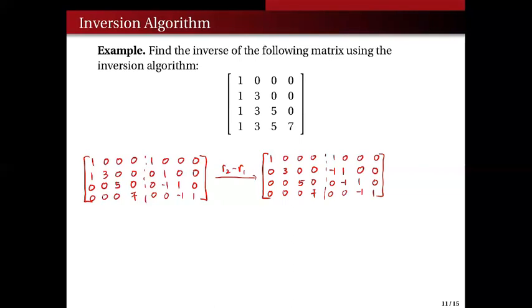Our last set of steps here, second row, we divide it by 3. So 1/3 row 2. Third row, we divide it by 5. 1/5 row 3. Fourth row, we divide it by 7. 1/7 row 4.